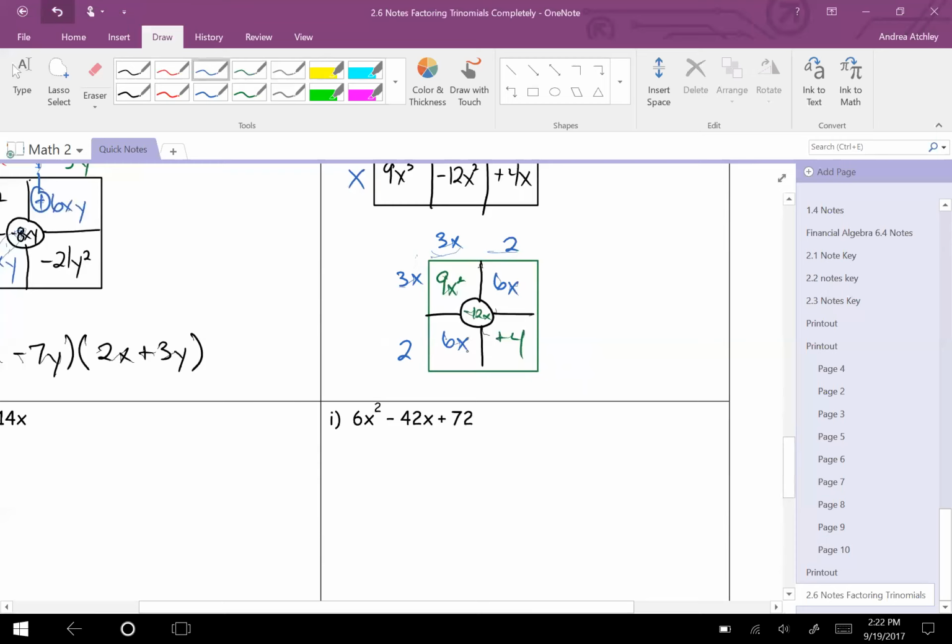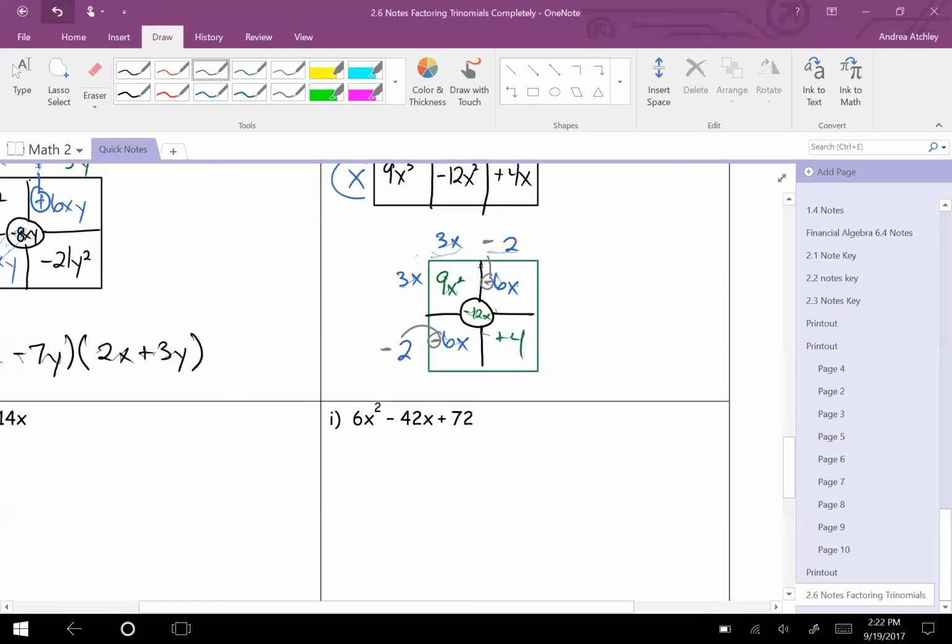I know I'm going to add them, but I need a negative 12. So I need them both to be negative. If I add them both, do I get a negative 12? Is negative 6 and negative 6 negative 12? Yes. Okay, that means this needs to be negative as well. And this 2 needs to be negative.